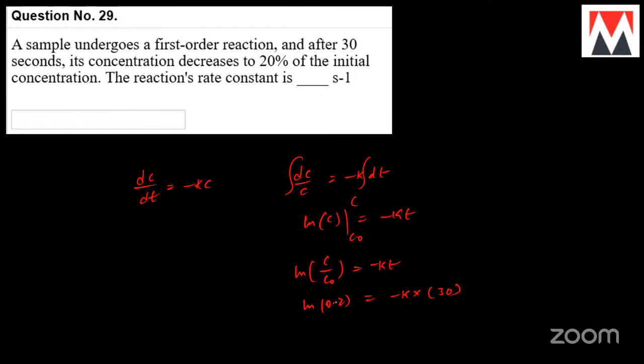Ln 0.2 is minus 1.609, so your K is equal to 1.609 by 30, which is 0.0458. So you get 0.046. You can approximate up to 3 decimals.